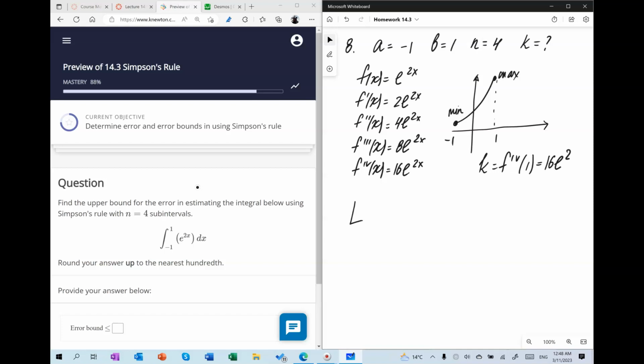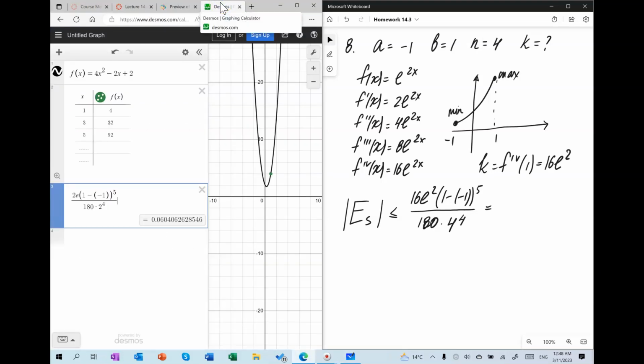So now we can find the upper bound for this error. It's going to be 16e squared times 1 minus -1 to the power of 5 divided by 180 n to the power 4. And let's go ahead and compute this expression.